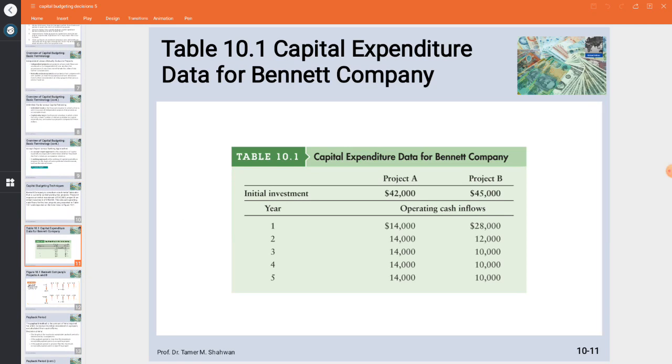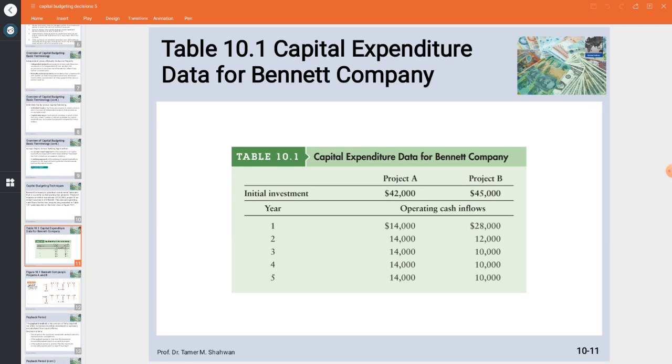But in the case of Project B, our operating cash flows are not constant. By the end of the first year, you have 28,000. By the end of the second year, you have 12,000. By the end of the third year, fourth year, and fifth year, you have 10,000 each.